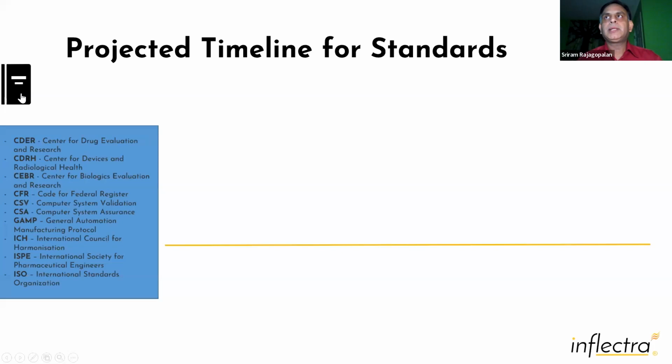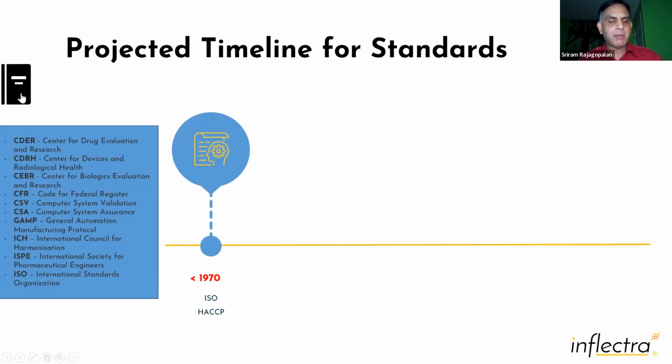Okay. So when you look at the timeline, much before the 1970s, there were a lot of regulations that came up, and the International Standards Organization was formed somewhere around 1944, the mid-1940s. And then we introduced what is called the Hazard Analysis and Critical Control Point, HACCP. So we introduced these kinds of things in different industries.